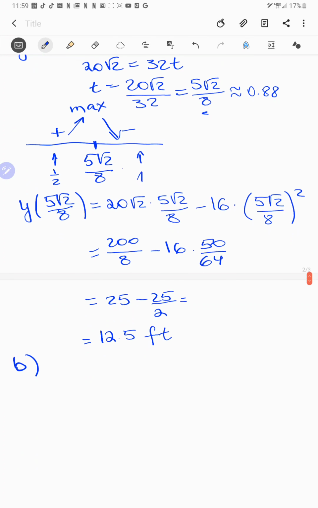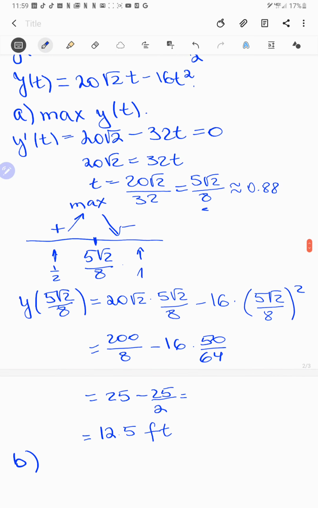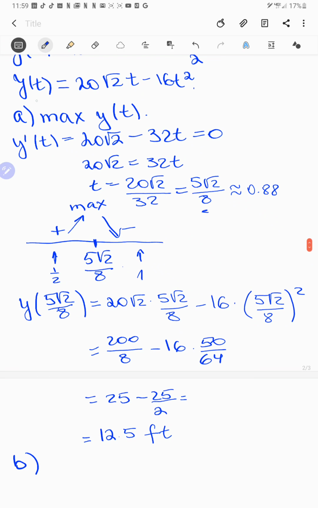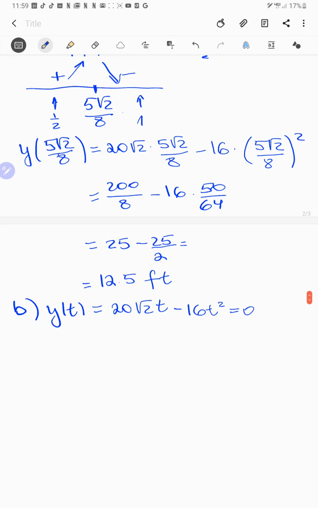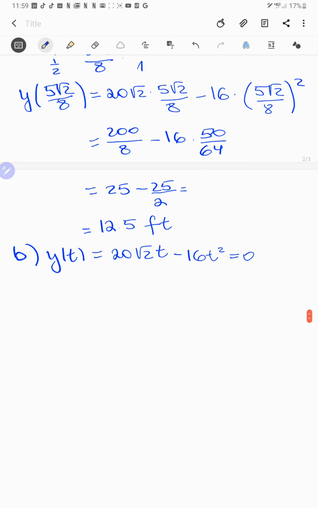So basically what we need to do is take the height function, which was right here, y of t, and set it equal to 0 and solve for t. Again, don't forget that t needs to be greater or equal to 0. I mean, if t is equal to 0, we will be basically at the beginning when we throw the ball.